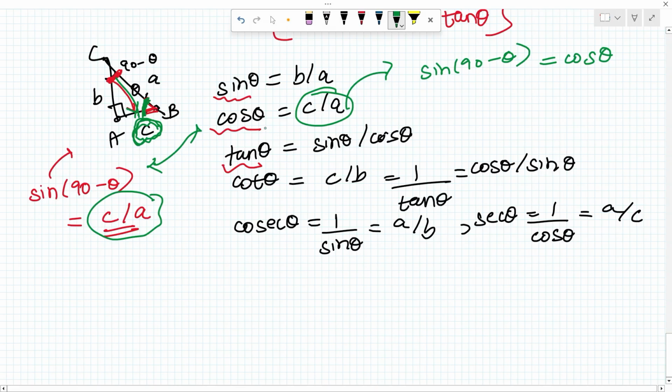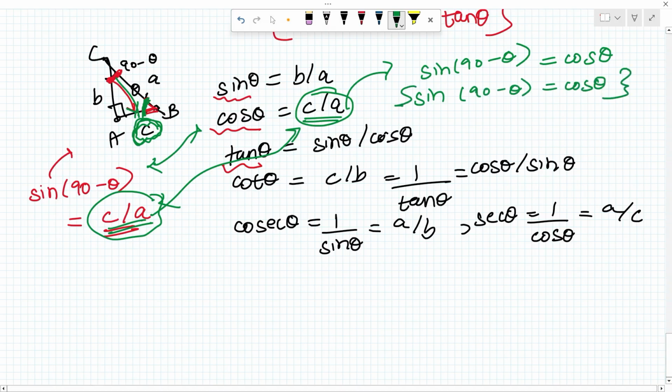So if you take the ratio of the side adjacent to theta and divide it by the hypotenuse, or you take the side opposite to 90 minus theta and divide it by the hypotenuse, it is the same thing. And thus sine of 90 minus theta is cos theta. This is how you get the formula. It's not just a random math formula. This is the logical reasoning why this formula holds true.